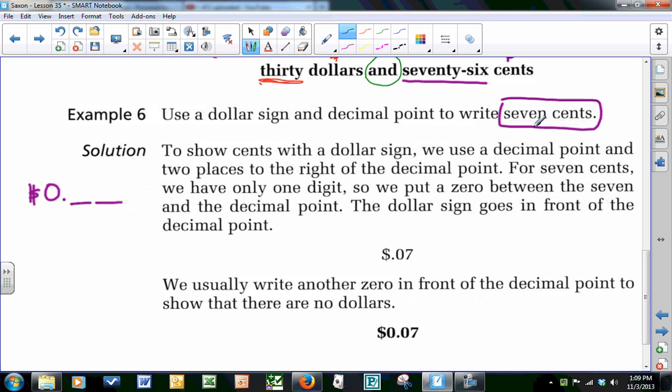But you only have a 1-digit number, 7. So you're going to have to put your 0 here and your 7 there. You can't do it the other way around because that would be 70. And you don't have 70 cents, you have just 7 cents. So this is how you would write it right here. Dollar sign, 0, decimal point, 0.7.